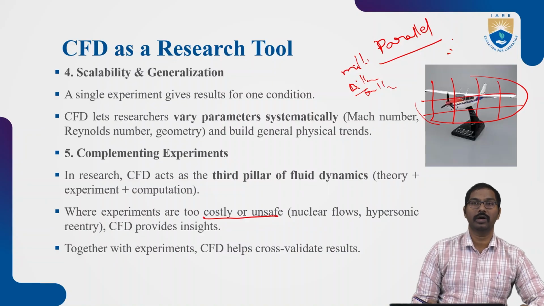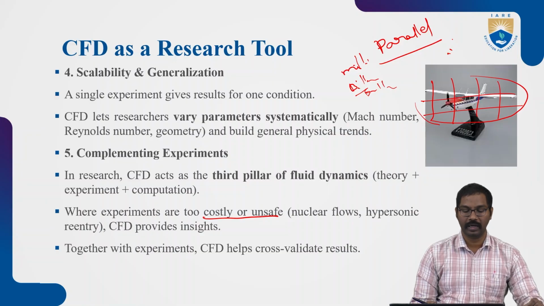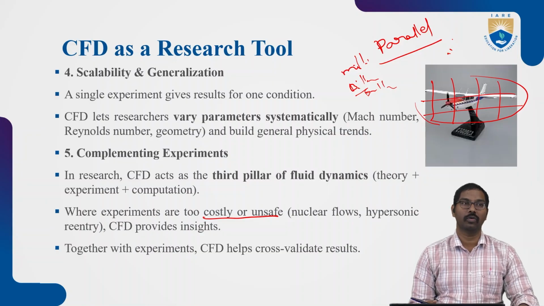Okay, so when you are going to solve these hypersonic flow problems, the temperatures will reach up to 3000, 4000 Kelvin, where the gas cannot be considered as an ideal gas; it turns into a real gas. That type of experiment is very dangerous or unsafe for the scientists who are doing it.